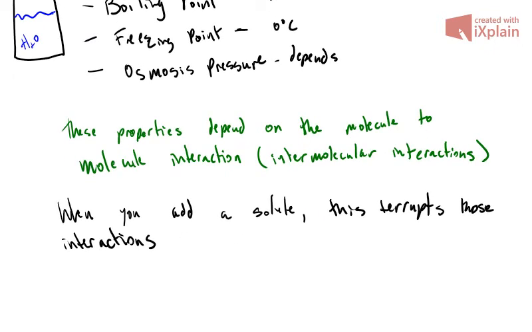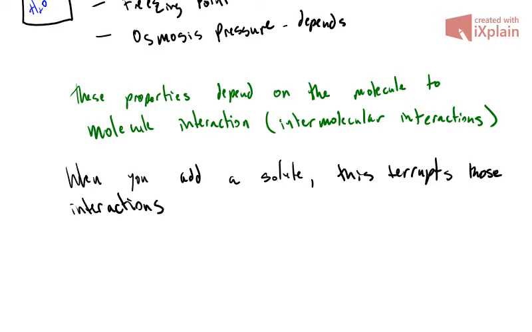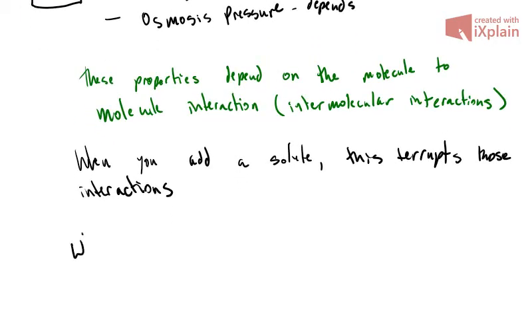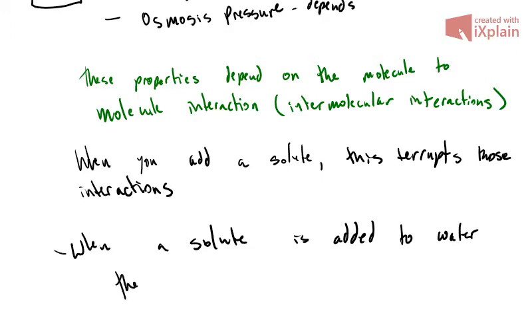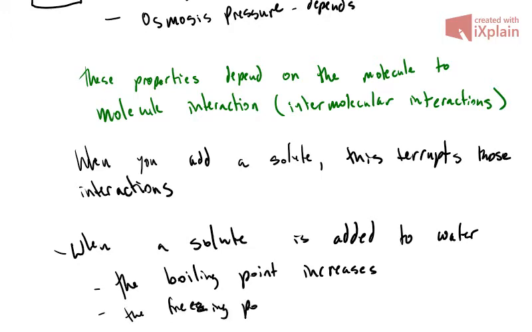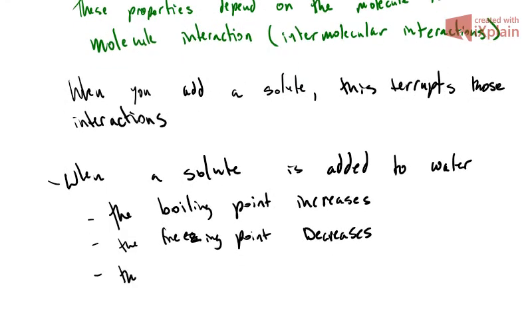And so what tends to happen is when a solute is added to, say, water, the boiling point increases, the freezing point decreases, and the osmotic pressure increases.